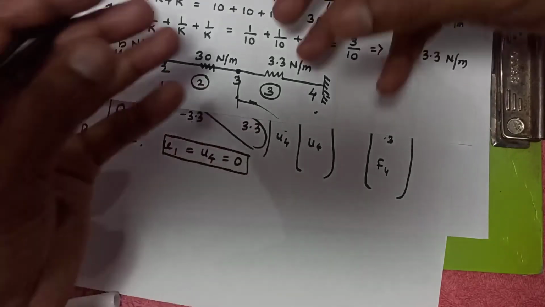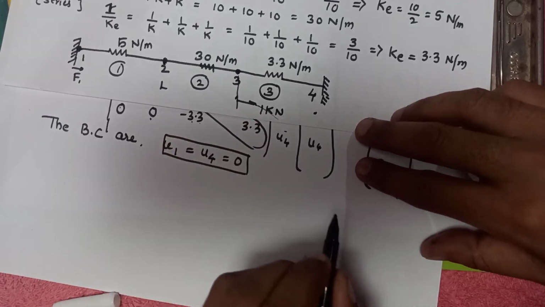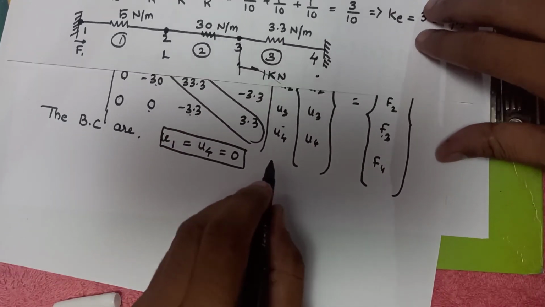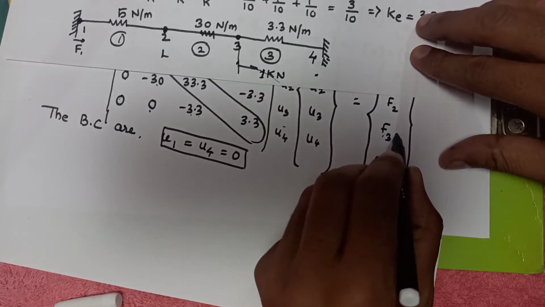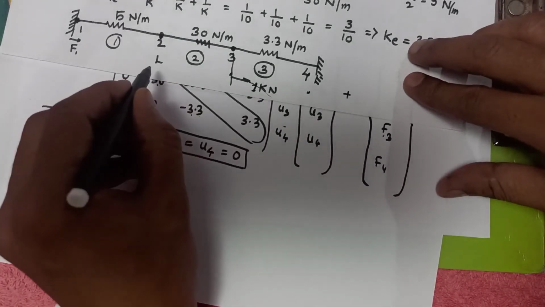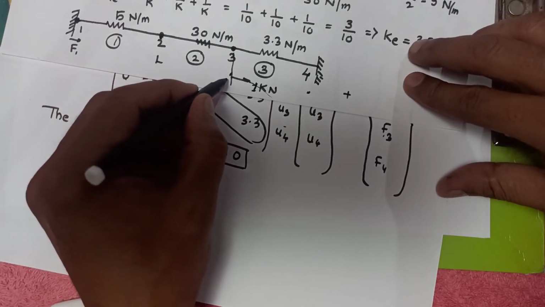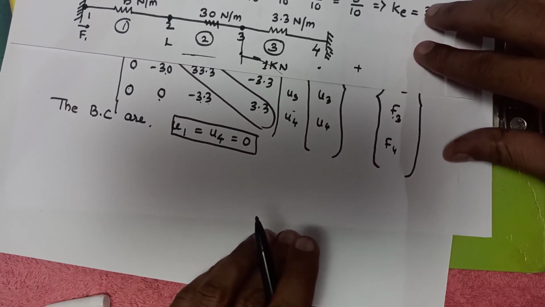Both are the same, an equal load is applied towards the right side. So at F3 a 1 kilonewton load is applied. Towards the right will be taken as plus, and towards the left it will be taken as minus.